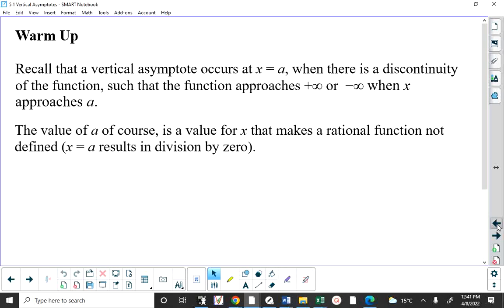What does that mean? It means that there's a discontinuity, so the graph going from left to right has a break in it somehow, but as you get closer to that break, the graph takes off upwards to infinity or downwards to negative infinity.